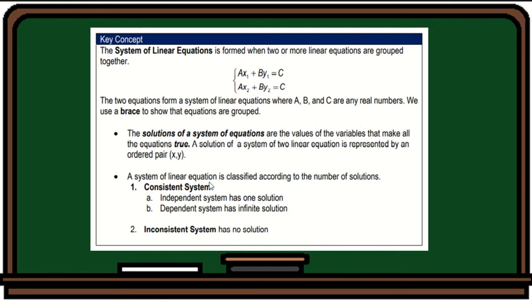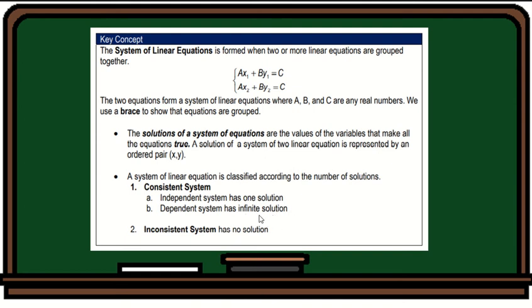A system of linear equations is classified according to the number of solutions. First, we have the consistent system. Under the consistent system, we have two: the independent system and the dependent system. A consistent independent system has only one solution. This means that you can only use one ordered pair for all of the equations in your system. While the consistent dependent system has infinite solutions.